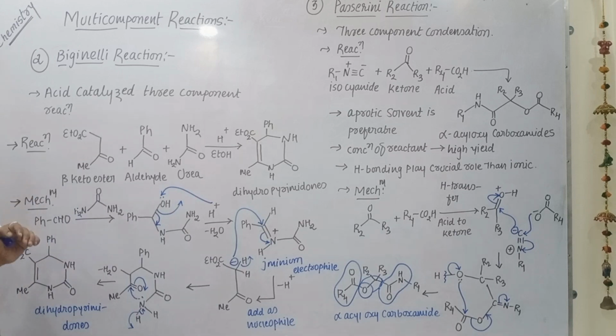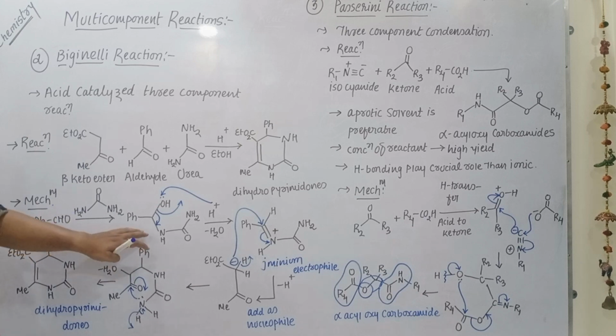Now what about the mechanism? In the mechanism, when aldehyde reacts with urea, here we know that there is a lone pair on nitrogen of urea. So one hydrogen will be lost, the bonding pair will be shifted towards nitrogen, and the lone pair of nitrogen will attach over the carbonyl carbon of the aldehyde.